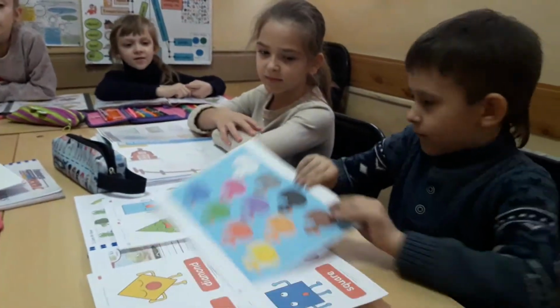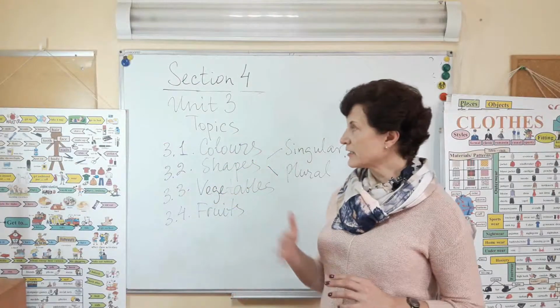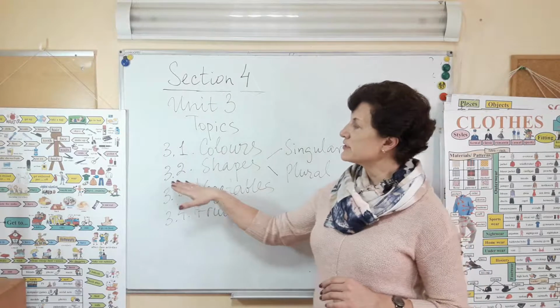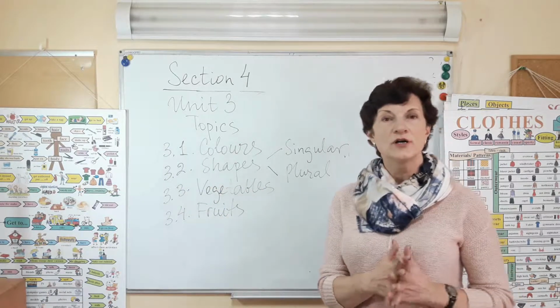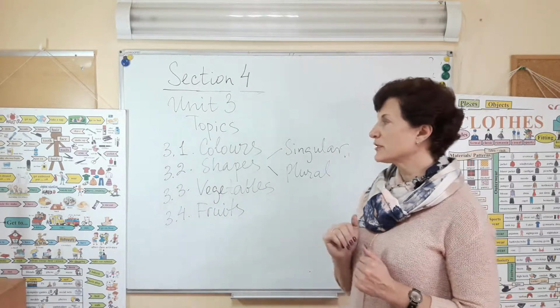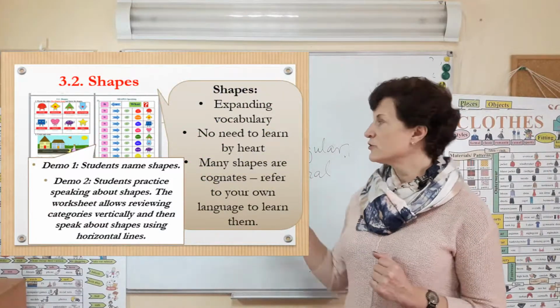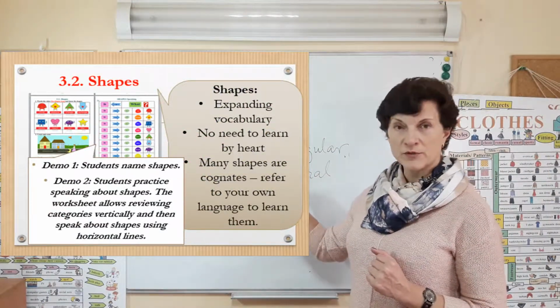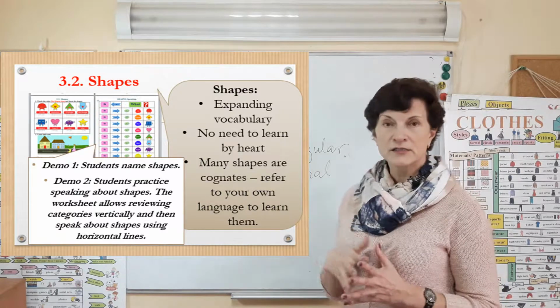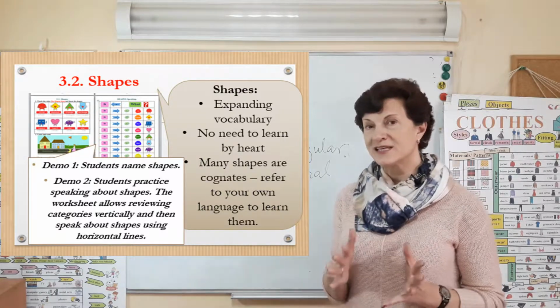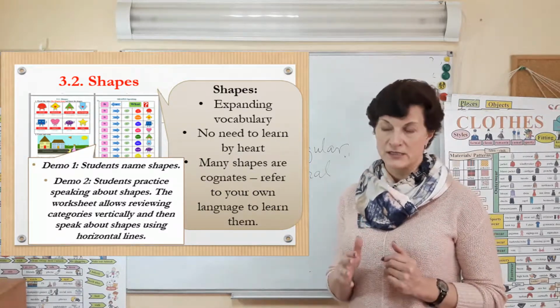It is brown. So in the next section, section number 3.2, your kids are going to learn about the shapes. Again, shapes belong to the expanding vocabulary, the same as colors, so you don't need to learn them by heart.